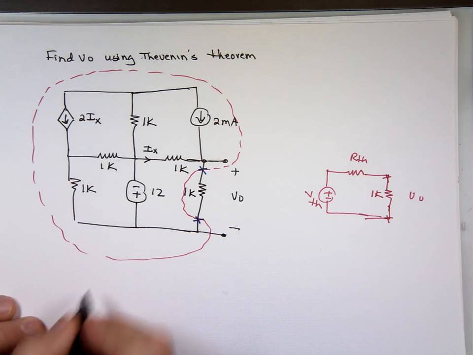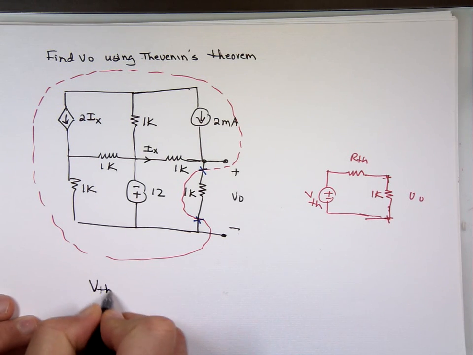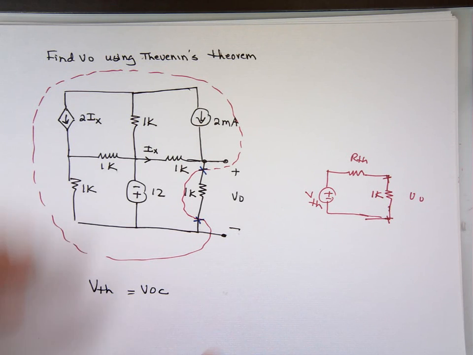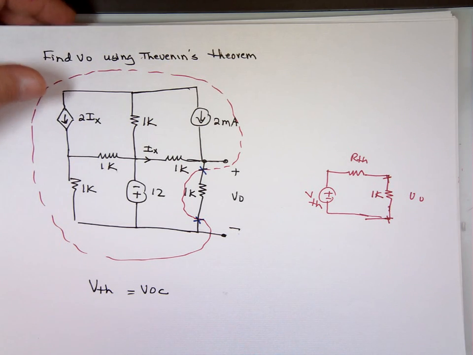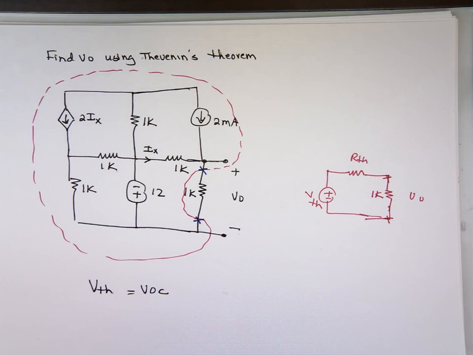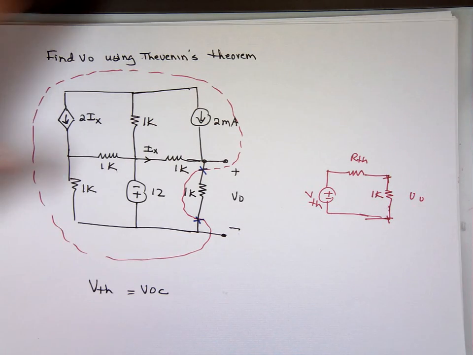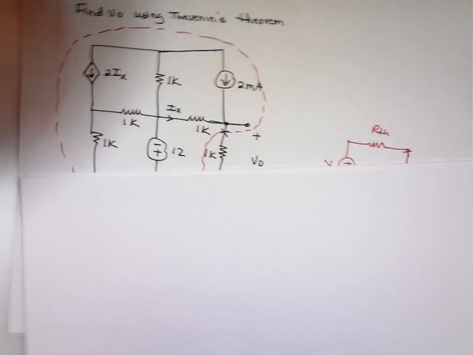So let's find V Thevenin, which is V open circuit, and probably wise to go on the next page and redraw everything. So this is trash. Draw them a little bit small there.